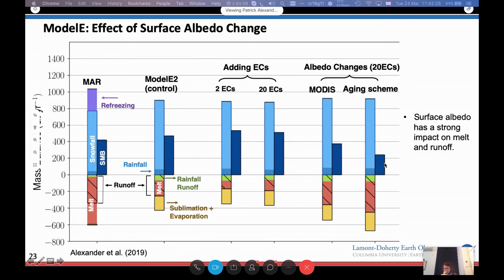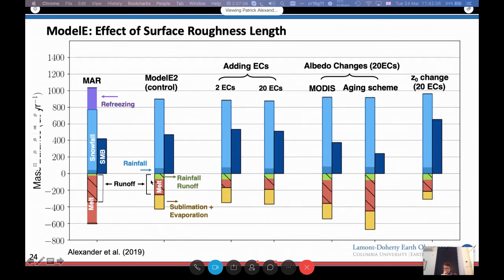So the final thing here is the roughness length. You can see that, as I mentioned before, sublimation is quite high in the GCM compared to the regional climate model. And one major difference between these models is the roughness length, which controls the turbulence fluxes, so sublimation and latent and sensible heat fluxes.